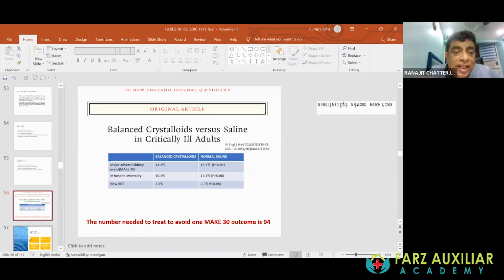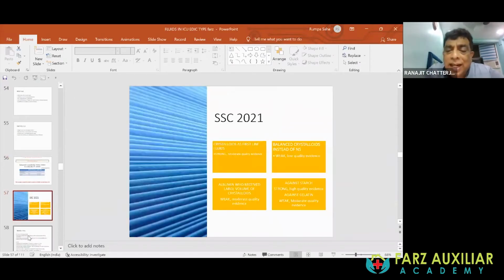So based on these two trials, what happened? The SSC guideline came out in 2021 and said balanced crystalloids instead of normal saline should be used in resuscitating fluids as a first line agent. Crystalloids are the first line, and among crystalloids it is the balanced instead of normal saline.